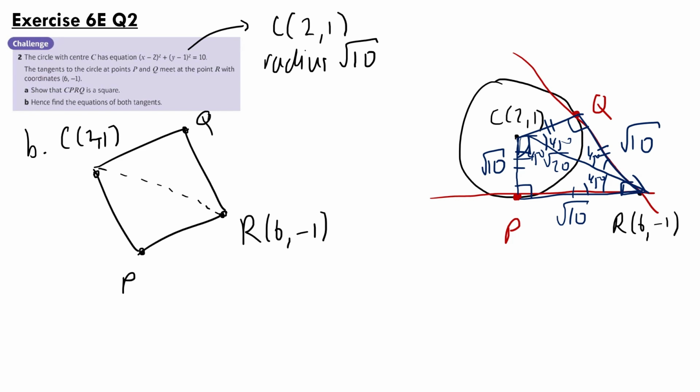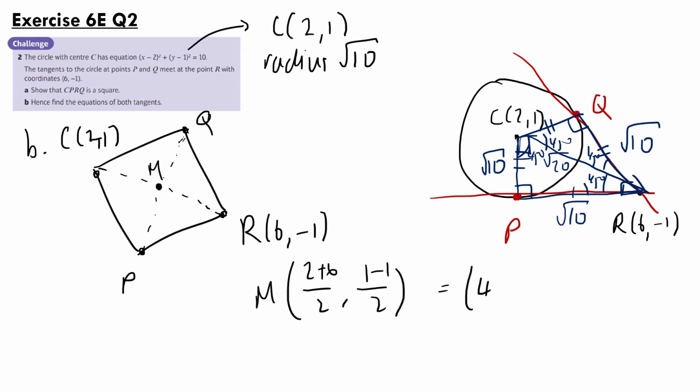So if we find the midpoint of the square, then we'll be able to find the coordinates of P and Q using its symmetry. So the midpoint of the square M is going to be (2 + 6)/2 and (1 − 1)/2, or (4, 0). So M has coordinates (4, 0). And to get from C to M, we have to go down 1 and across 2.